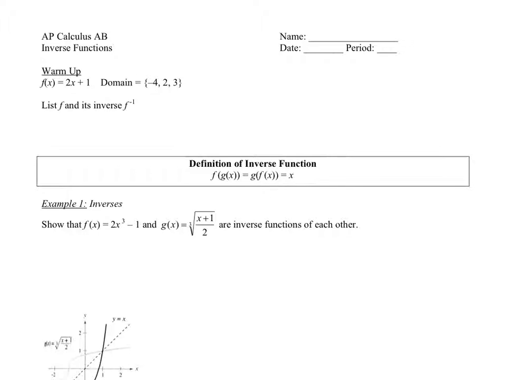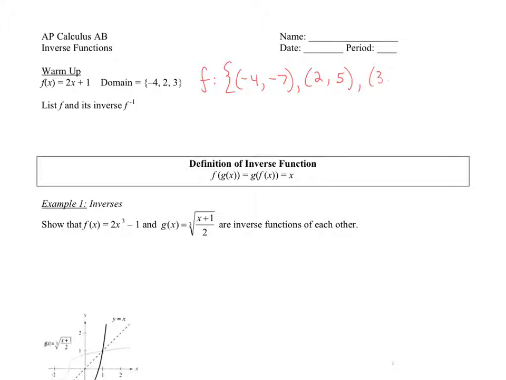For the warm-up, it wants us to list f and its inverse, f inverse of x. So for f, that's my original function. They give us a domain, -4, 2, and 3. If I plug in -4 into my f of x, what do I get as my y? I get -7. For 2, I get 5.